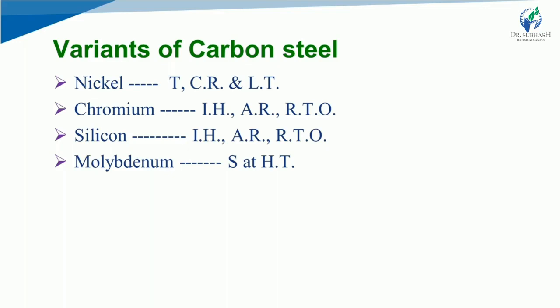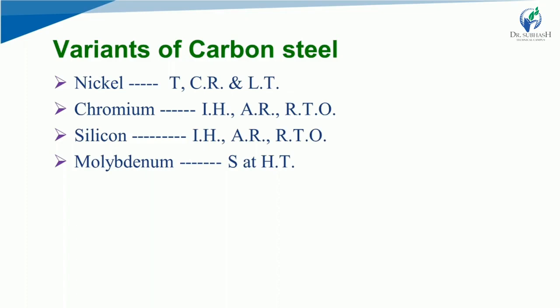When you mix different metals with the carbon steel, you can get some good properties. The short forms written here indicate properties. Now you might wonder what these short forms are, but please have patience. I will be giving you the full forms one by one.